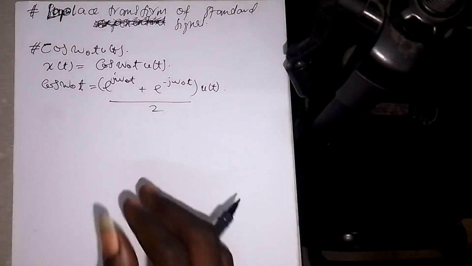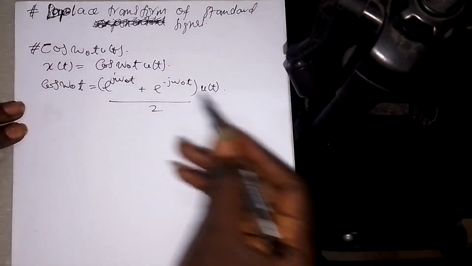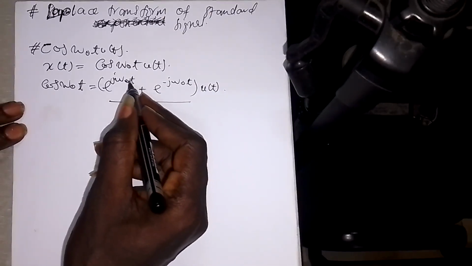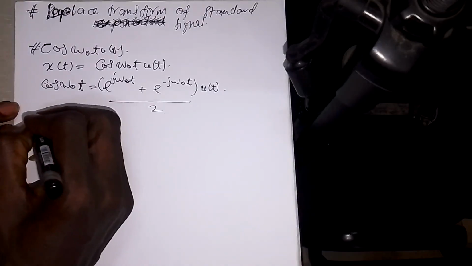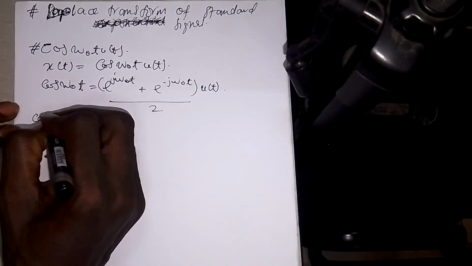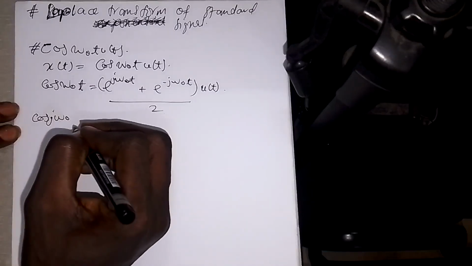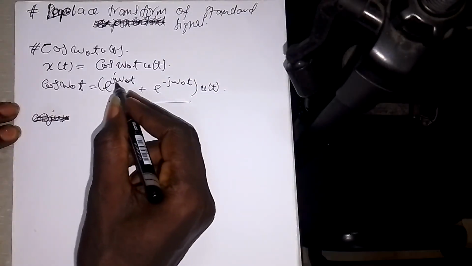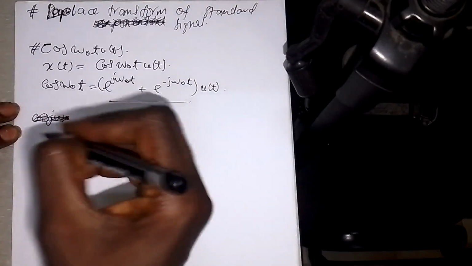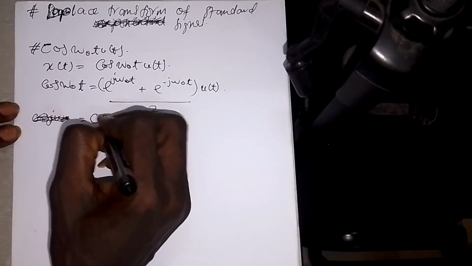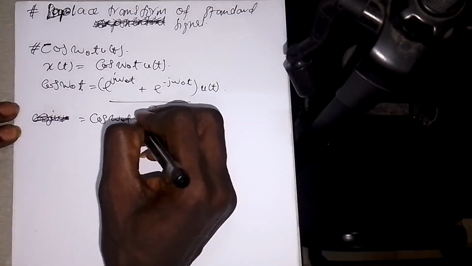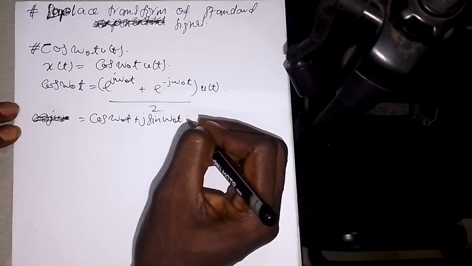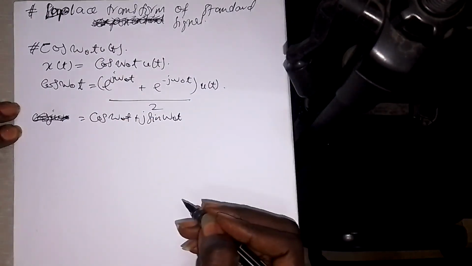Let me briefly explain why. If we have e to the j omega naught t and convert it into trig, we're going to have cos omega naught t plus j sine omega naught t.